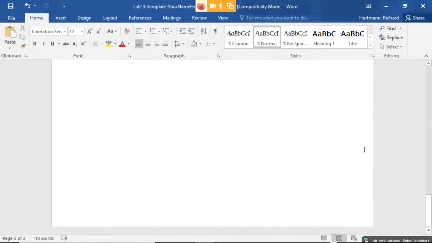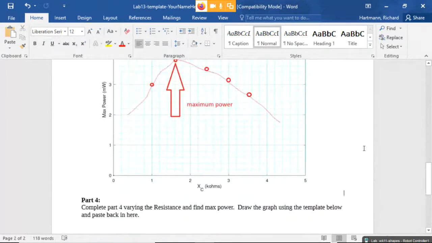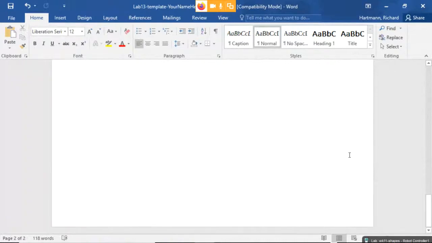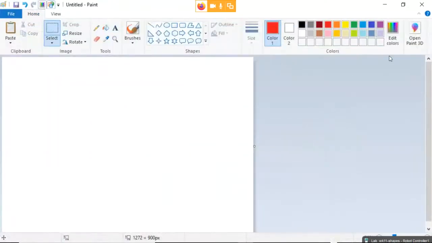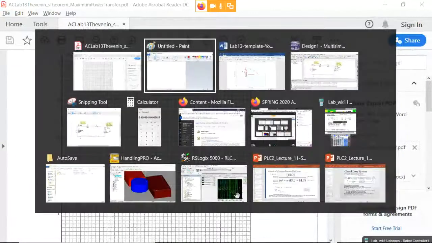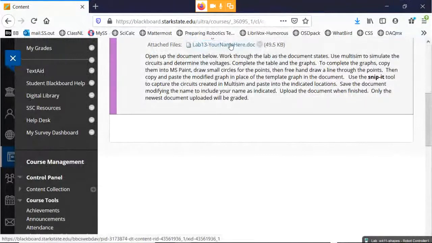All right, and did part 4 not have the document, or did I delete it? Part 4 should have had a separate graph in there. Let me reopen this document.